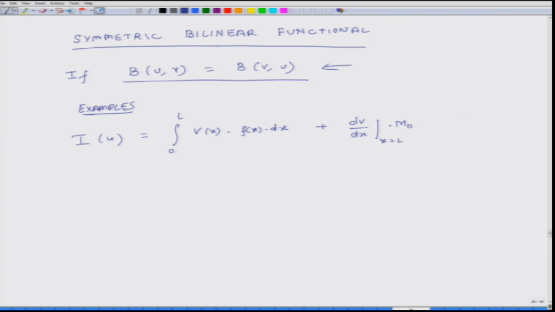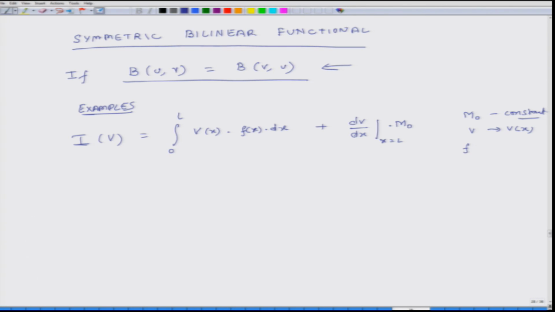Here m naught is a constant, v is a function of x, and this is a functional. So, I should have written it here as V.